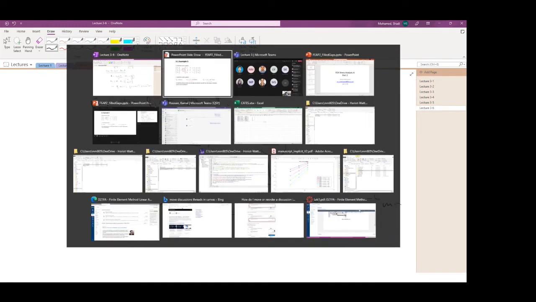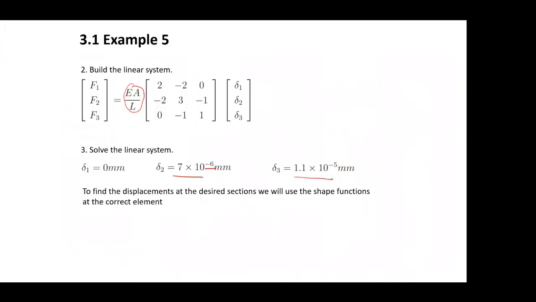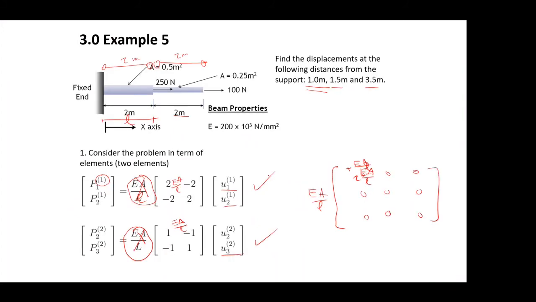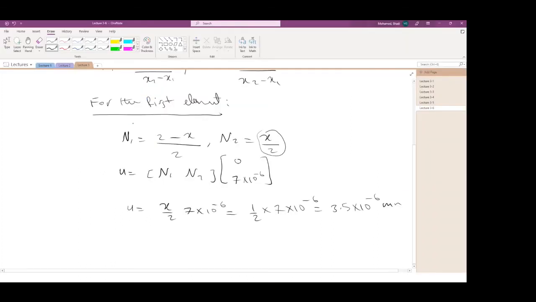If you look at the second cross-section, we are interested in 1.5 from the support. So 1.5 is still within the first element, so I need to use the shape functions of the first element, and u is equal to x over 2 times 7 times 10 to the power minus 6.